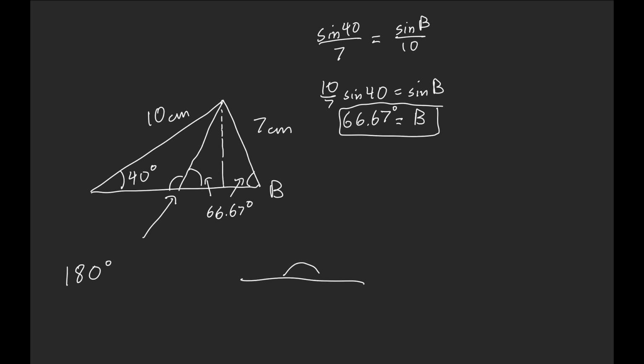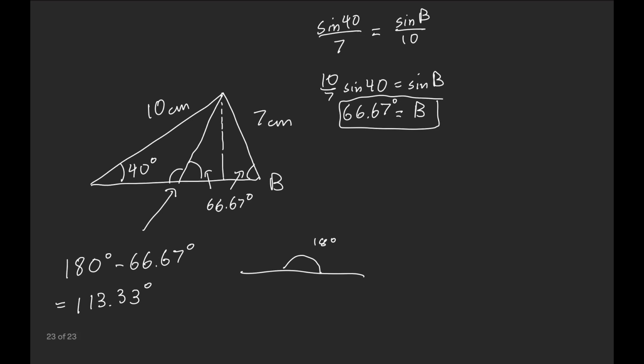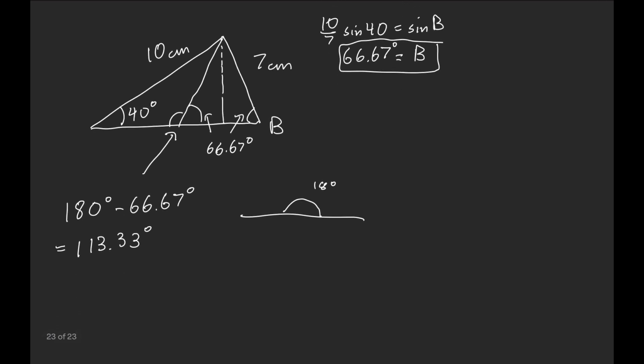They're the same angle. I'm just going to label them 66.67 degrees. We now must find this angle. Since the angles on a straight line equal 180 degrees, we can simply subtract the interior angle that we've already solved for, 66.67 degrees, from 180. And then we're left with 113.33 degrees.